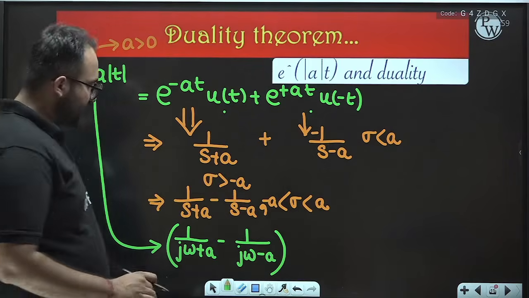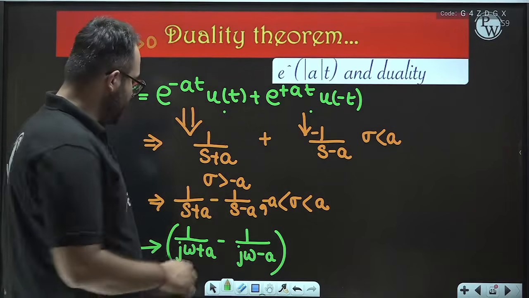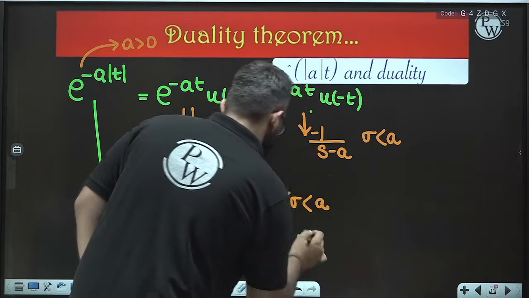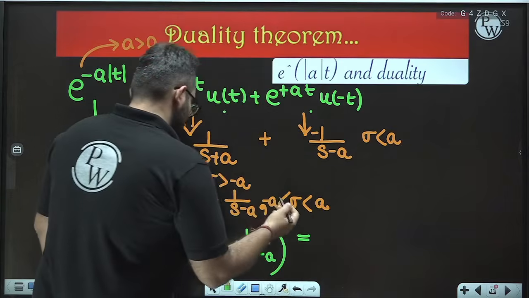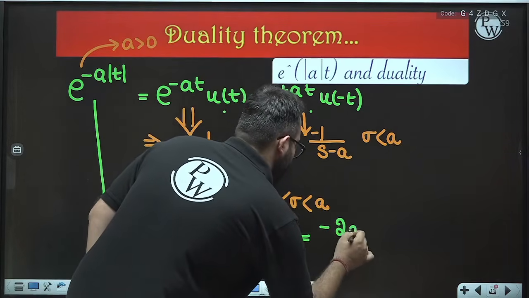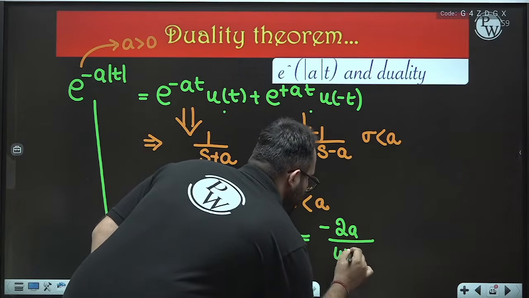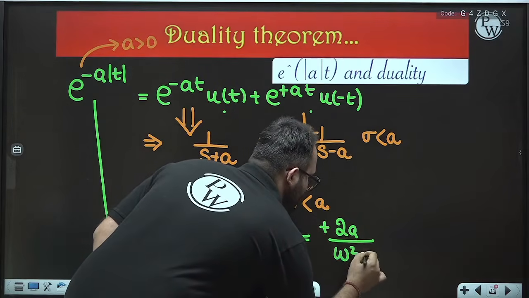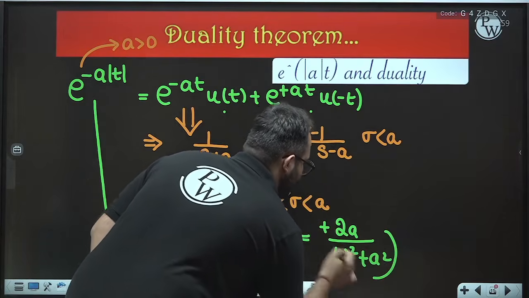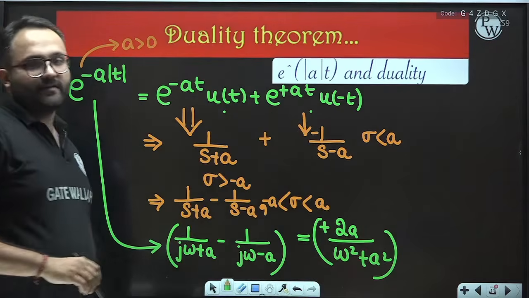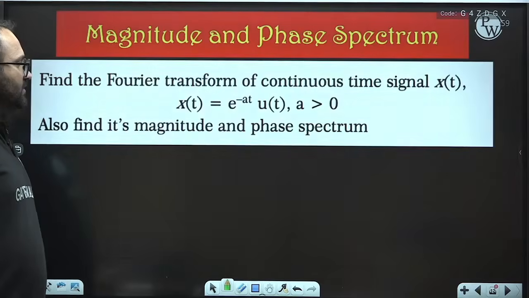So now let us combine these and we can get the result, that is 2a upon omega square plus a square, this will be the result.